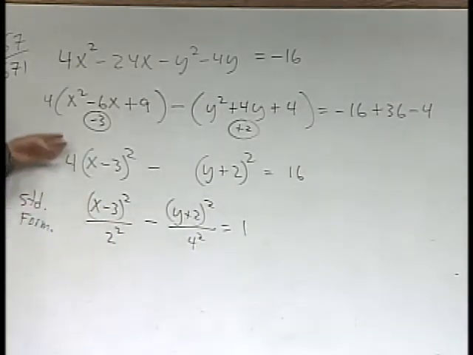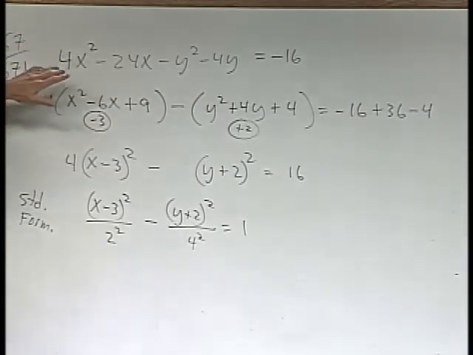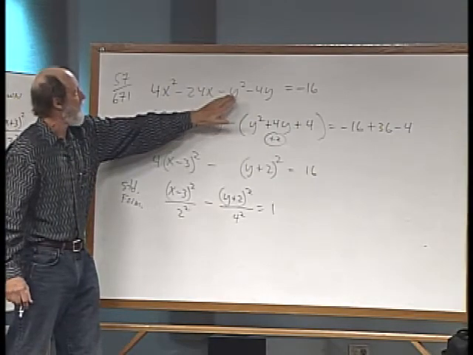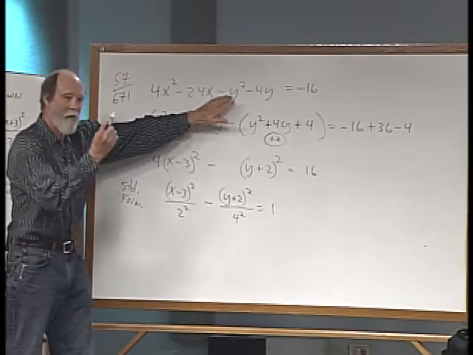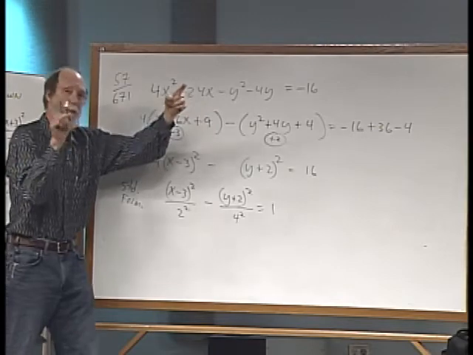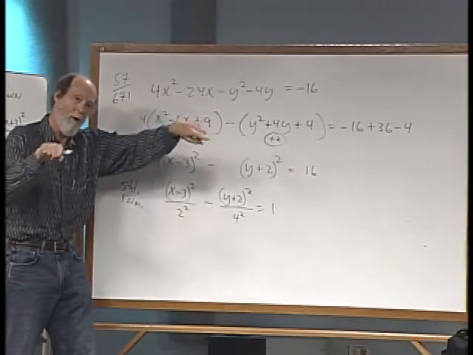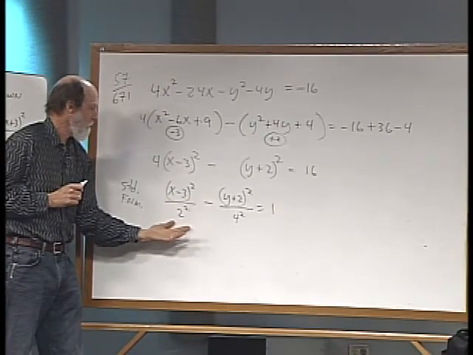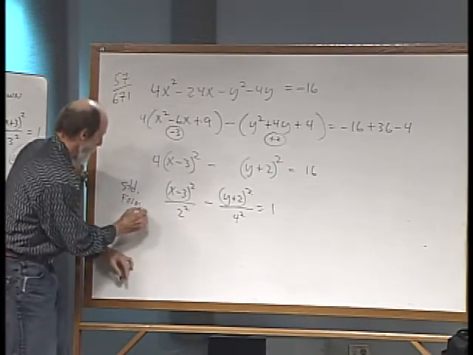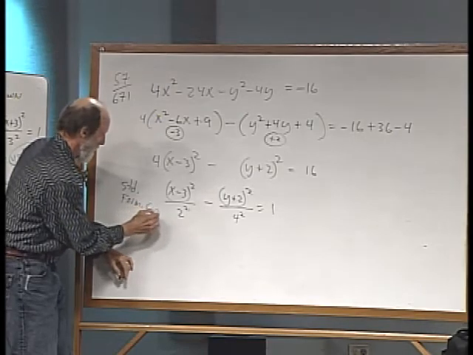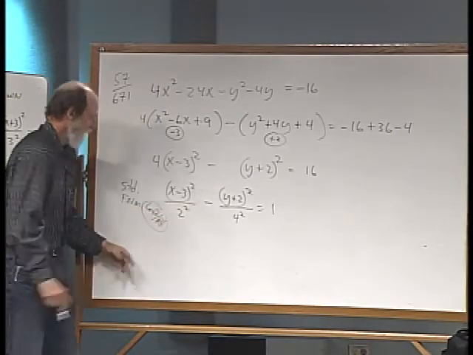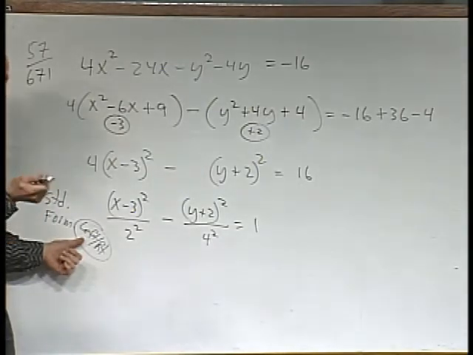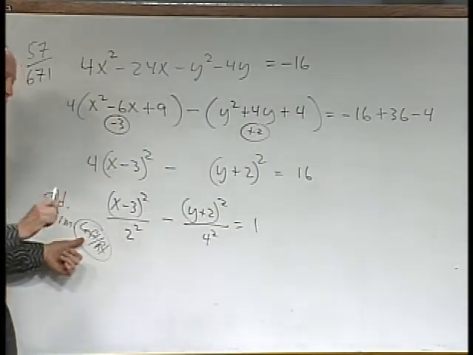So indeed, looking back at the original equation, because we saw quadratic in x being positive, quadratic in y being negative, we were anticipating possibly a left-right opening branches of the hyperbola, and that indeed turned out to be the case here. So it's a left-right opening one, and I oftentimes will write that down, left-right. That's going to help me in choosing where my transverse axis lies and where the vertices lie and where the focus points lie.